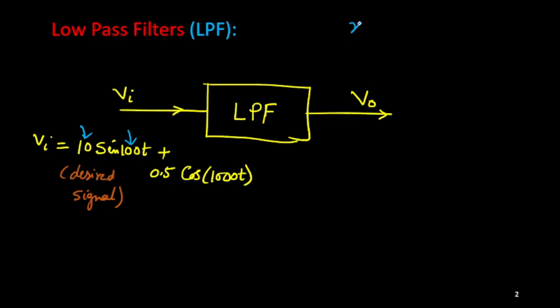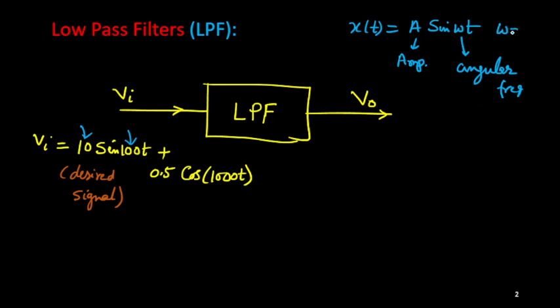So for any signal x(t) written as A sin omega t, A is called the amplitude and omega is called the angular frequency. This angular frequency omega is related to the linear frequency as omega equals 2 pi f.